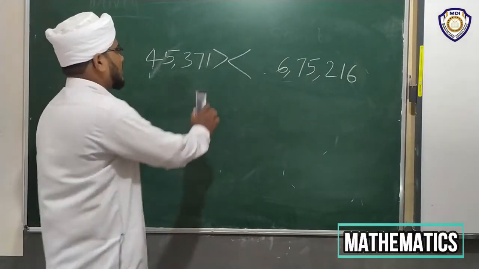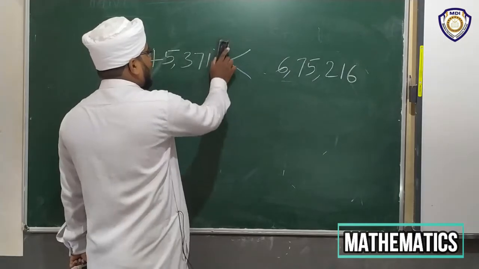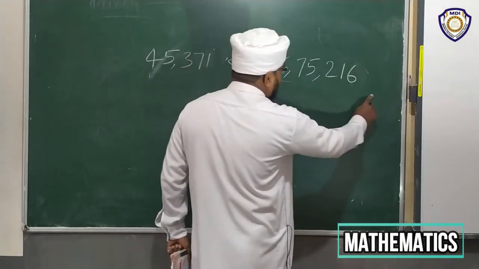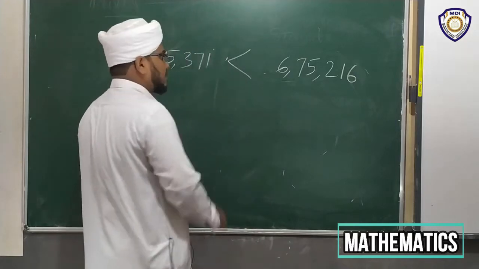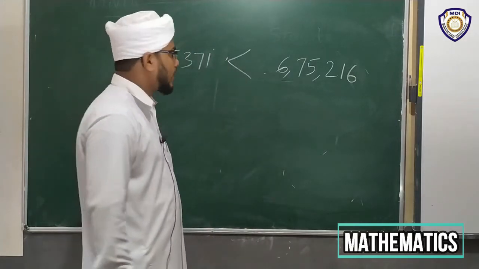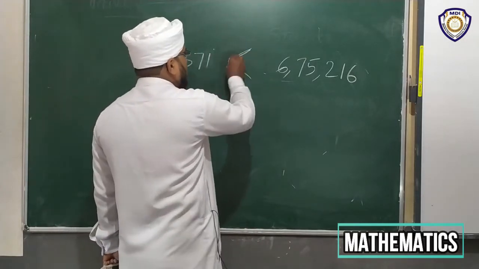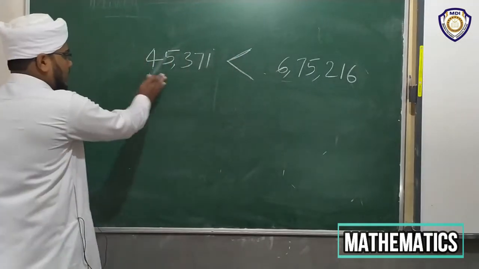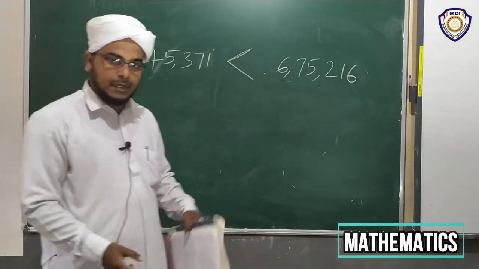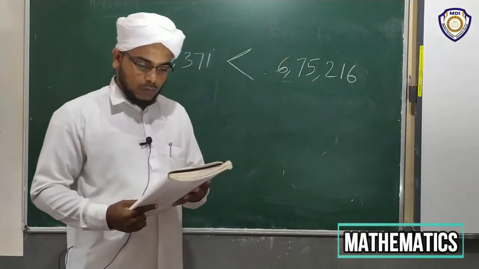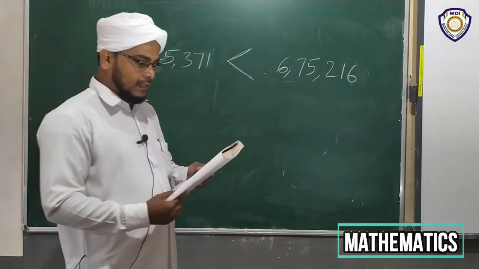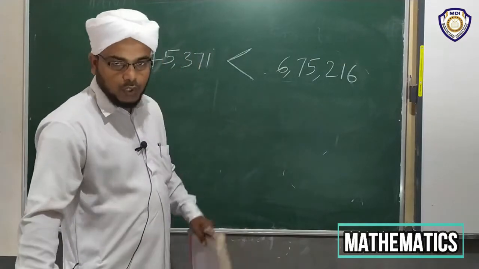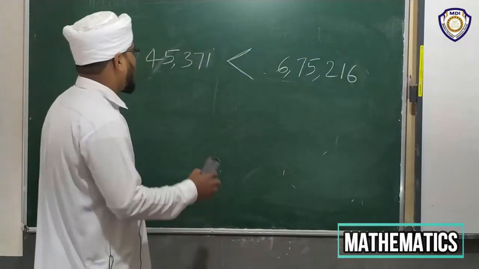Yes. This is correct because this is the larger number than this number. Okay. So this sign is used. Did you understand? This is very simple. I will give you some more questions. There are examples. You can read them. Okay. First rule is over.